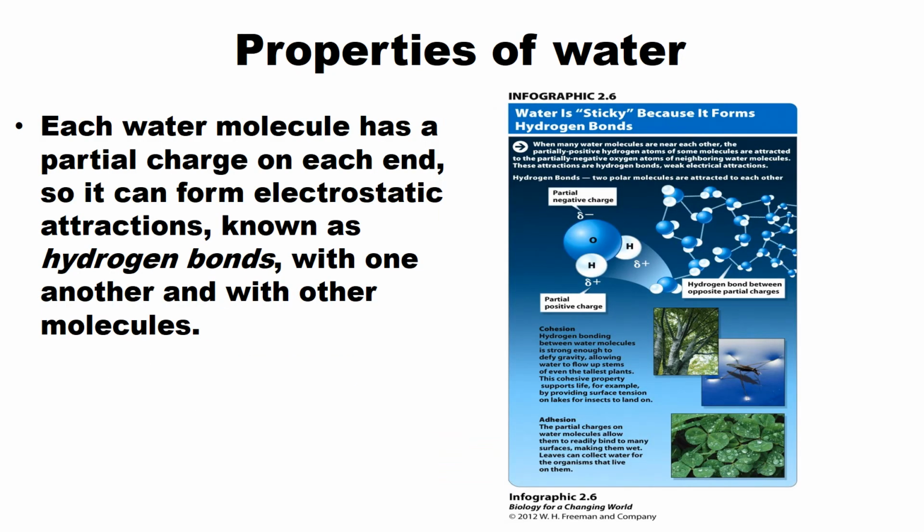Now, because water is a polar molecule, there is an attraction between two different water molecules. The type of bond that is made between two different water molecules is a hydrogen bond. It is extremely important that water molecules can make hydrogen bonds because it gives water different properties. And we'll talk about those properties next.